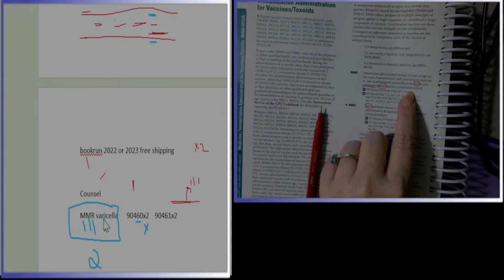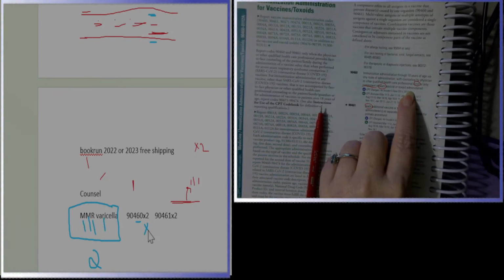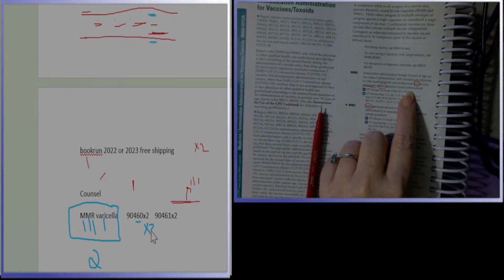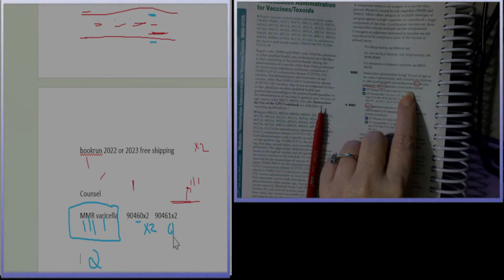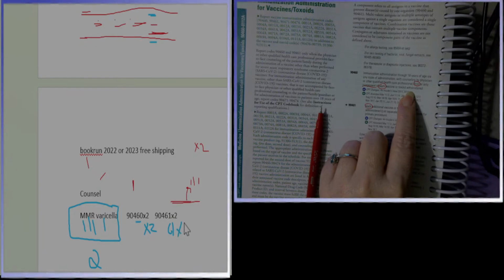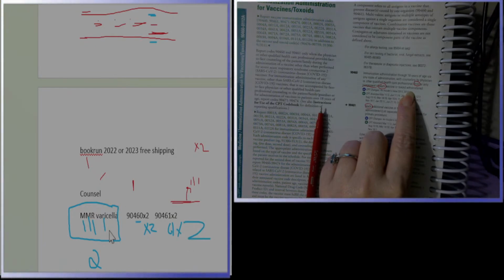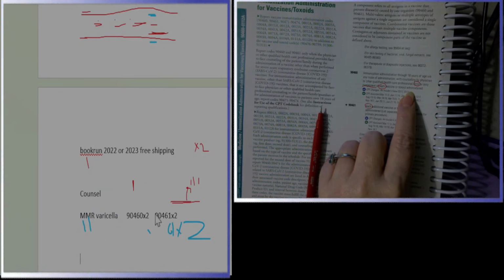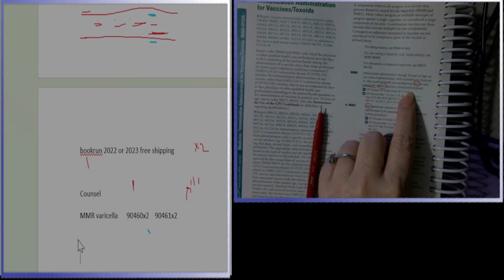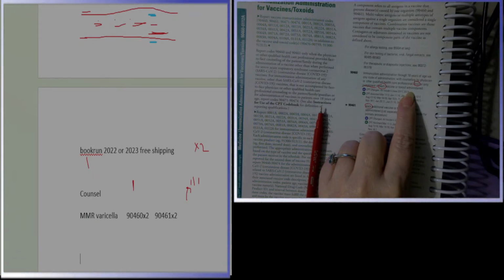So we only had 2 vaccines, so that's 1 component per vaccine. That's why it's 2. The 61 is for whatever's left over. So it's definitely times 2 and times 2. Okay? It's crazy. It's insane. They couldn't have made it more complicated if they tried.